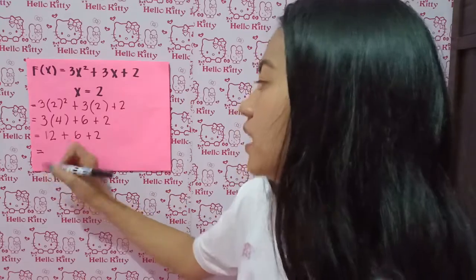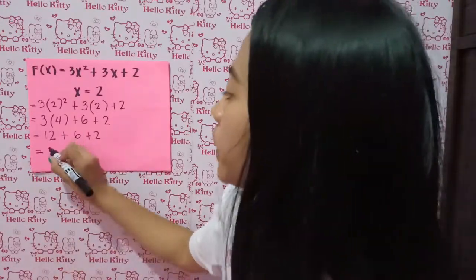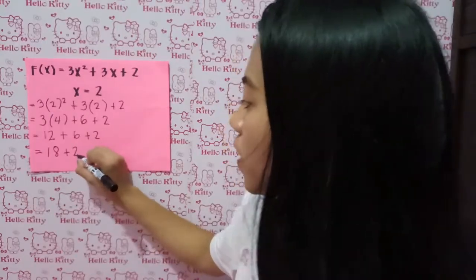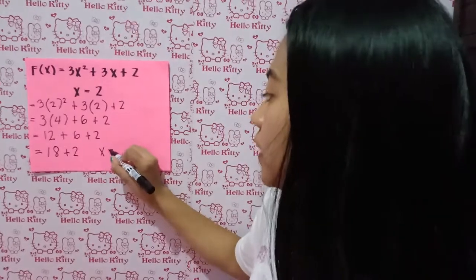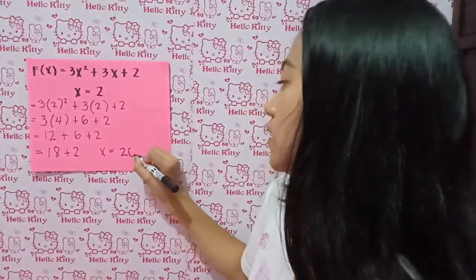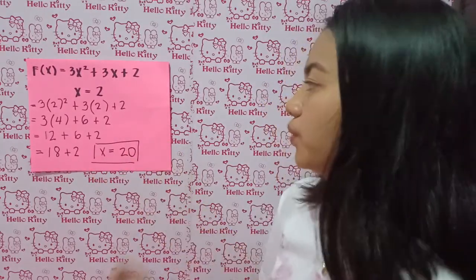Next is 12 plus 6 is equal to 18, plus 2. And for the final answer, 18 plus 2 is equal to 20. So our answer is 20.